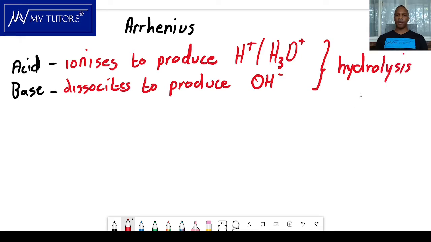Both of these happen during hydrolysis, which means the addition of water.